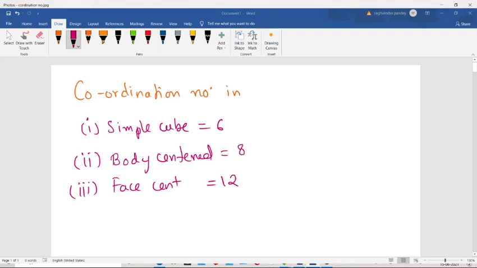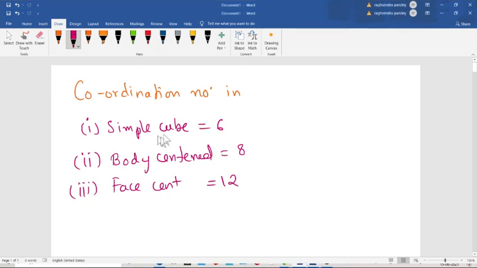So for face-centered cubic close packing, the coordination number is 12. Basically, the coordination number in simple cube is 6, in body centered it is 8, and in face centered, or you can write FCC, it is 12. So coordination number increases. Packing fraction, I already told you what is packing fraction.